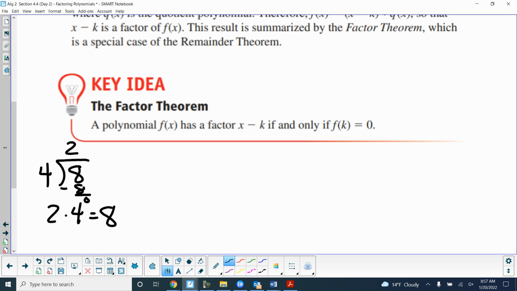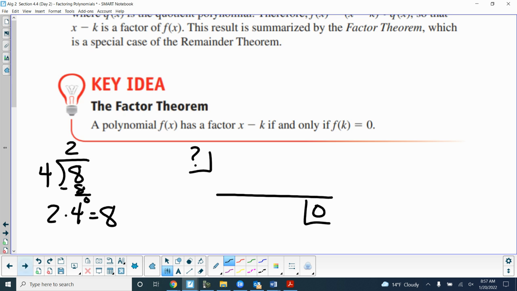So if you do synthetic division, and we get 0 here, that last number, that means x minus whatever this was. If this is a 3, that means x minus 3 is a factor. If this was a negative 2, that means x minus negative 2, or x plus 2, is a factor. That's what that's saying. Okay?